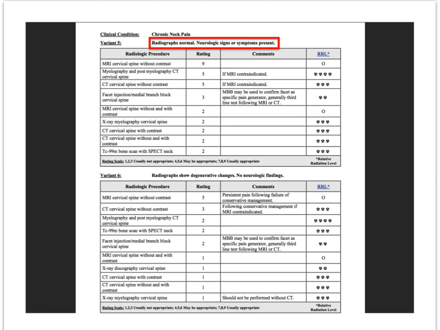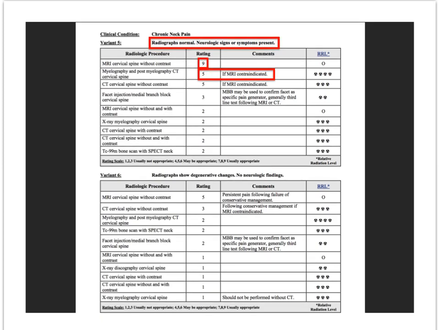Variant 5 deals with a chronic neck pain patient whose initial radiographs were normal, but who has paresthesia, numbness, or weakness. This patient should get MR by score. But if they have a contraindication, the table indicates through the comments the next most appropriate exam is a myelogram with CT to follow.